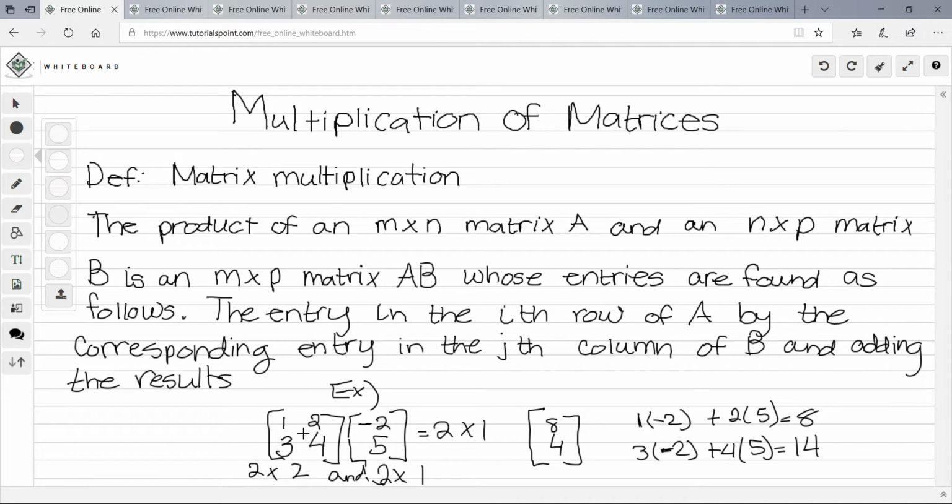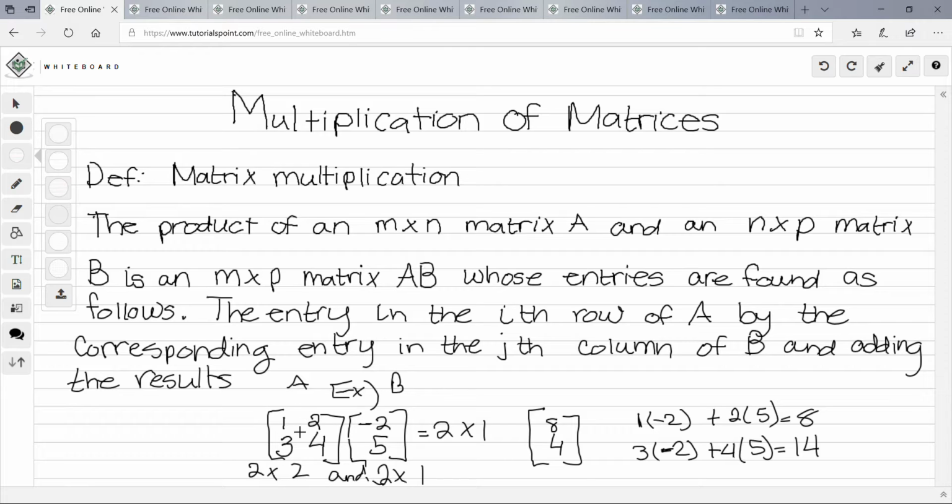this matrix 1, 2, 3, 4. We will call this matrix A, and it's a 2 by 2. And then this other matrix, -2, 5, we'll call matrix B. So we're going to multiply those two matrices, AB. First step is I'm going to determine if it's possible.